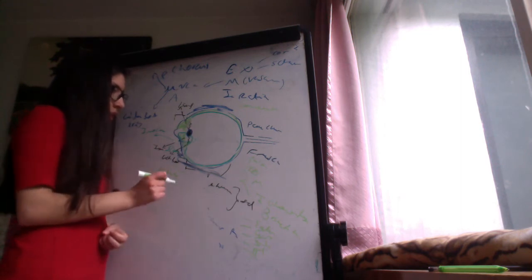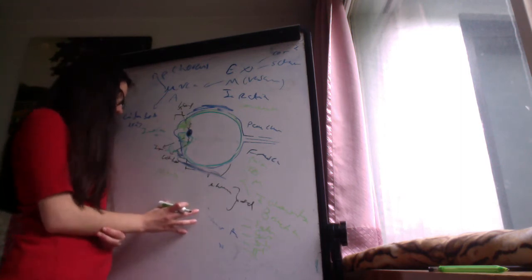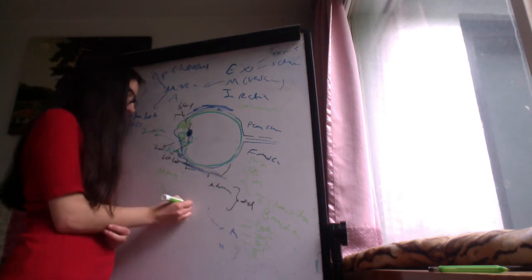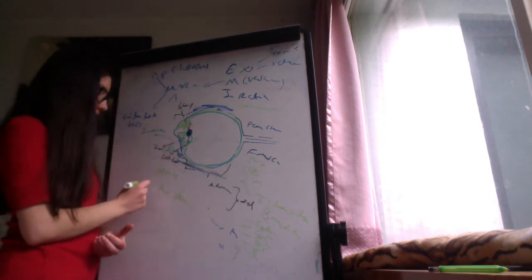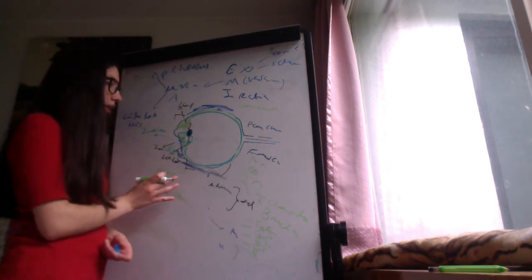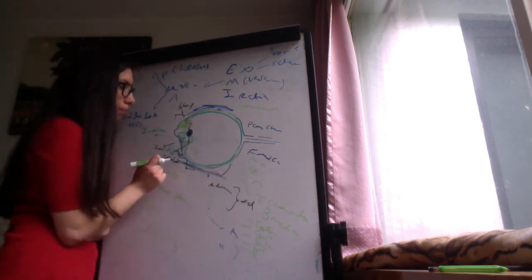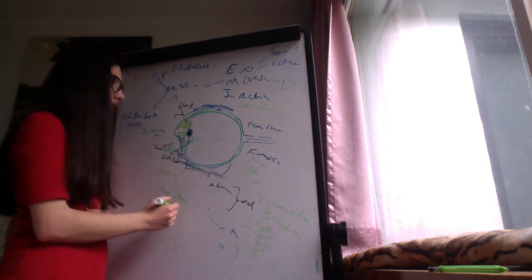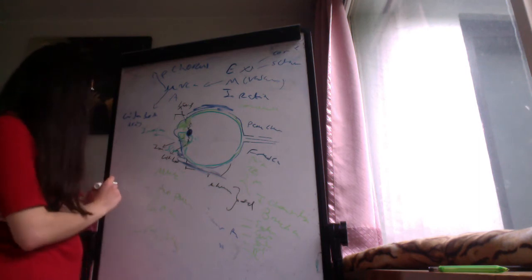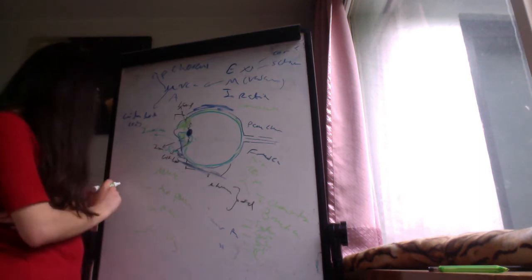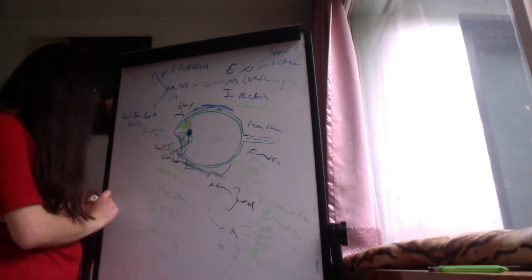Here also the ciliary processes are on the pars plicata. The sections of the ciliary body are the pars plicata and pars plana. The pars plana is just the access to the vitreous cavity, and the pars plicata is where the ciliary processes are, and where we have the inner layer and superficial layer.